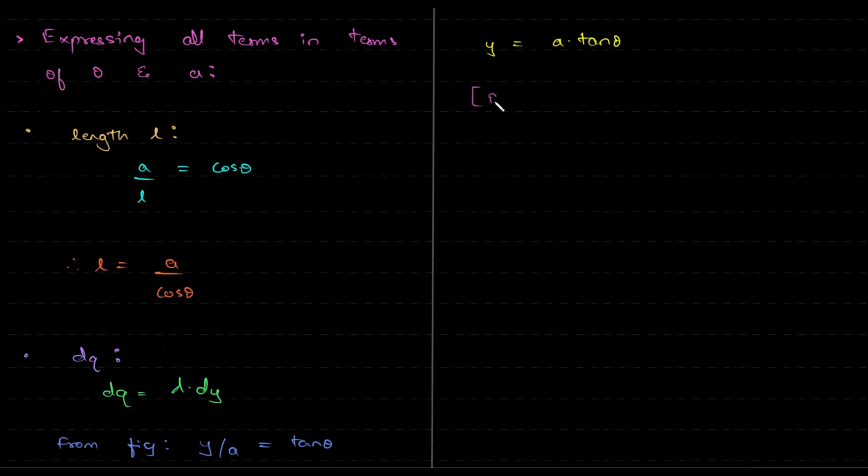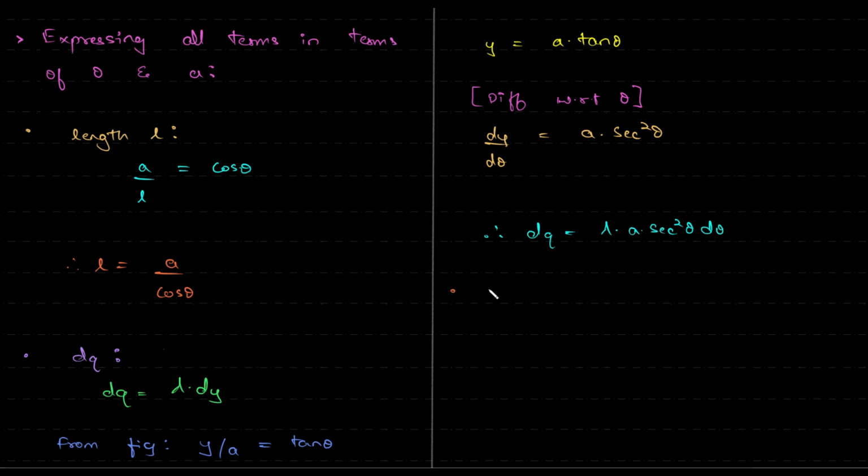So we will differentiate with respect to theta. dy by d theta is equal to a, which is a constant, times secant square theta. Therefore, dq will be equal to lambda a times secant square theta d theta.